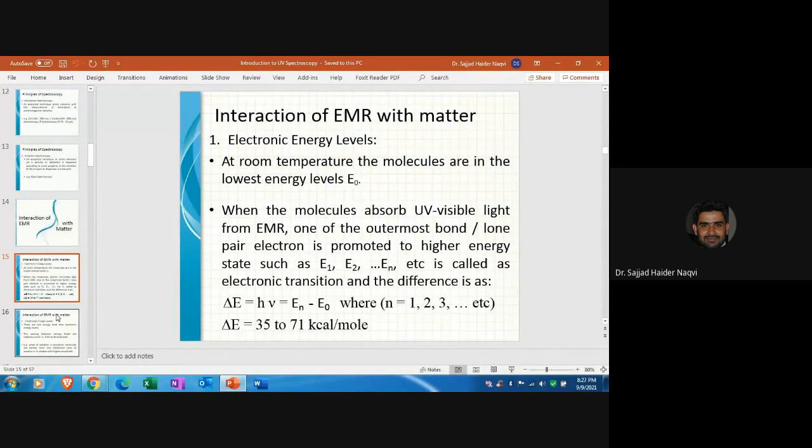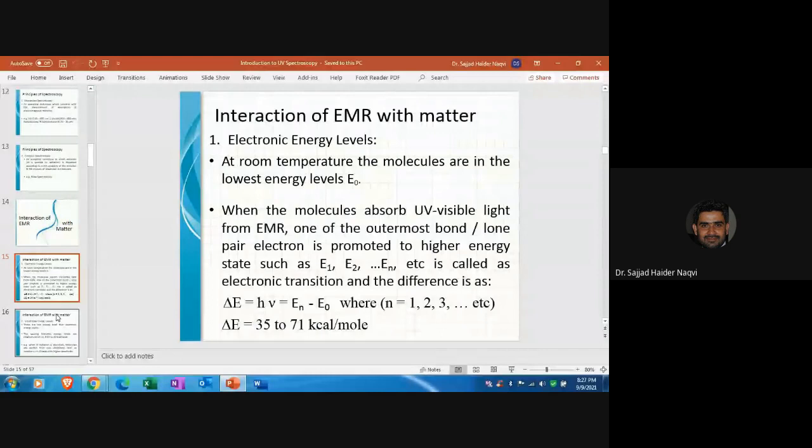When the molecules absorb the UV or visible light, one of the outermost electrons present in the molecule will gain energy. And you know that when electrons gain energy, they move from a lower level to a higher level. So they attain a slightly higher energy called E1, and if the process goes on, it can go up and up to gain more and more energy. This is particularly referred to as electronic transition.